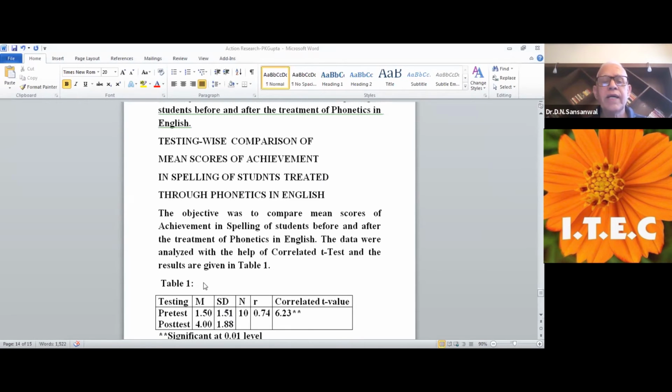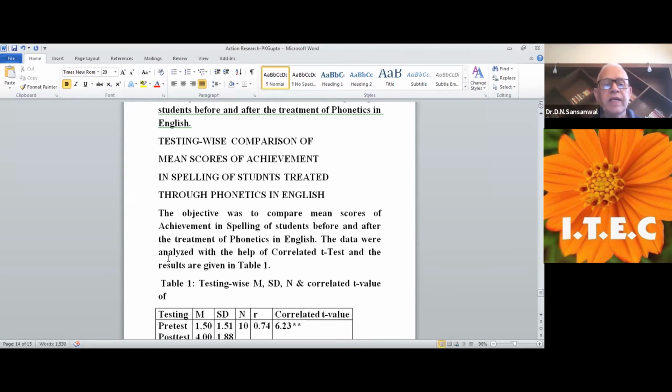The table heading is: Testing wise mean, SD and correlated t-value of achievement in spelling of students.